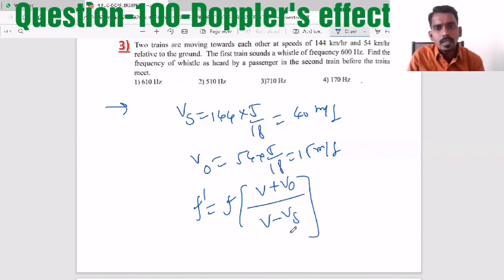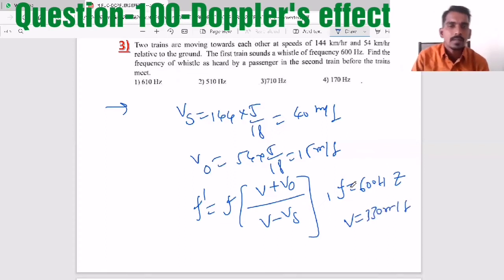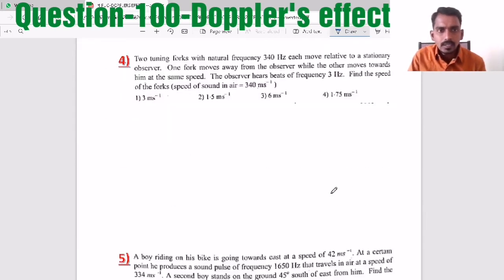So now you have V naught, Vs and the frequency, which is 600 Hertz. Now they are asking for the apparent frequency. Here they have not given the speed of sound, so you can take 330 meters per second or 320 also; sometimes they will mention it depending on the given data.